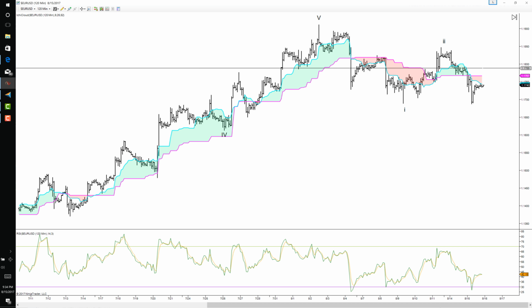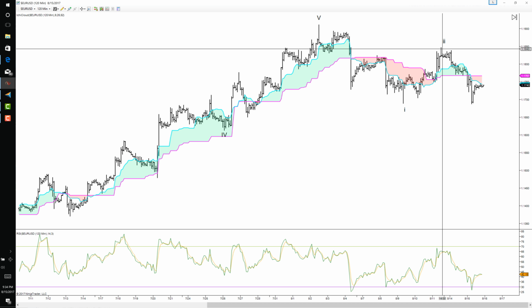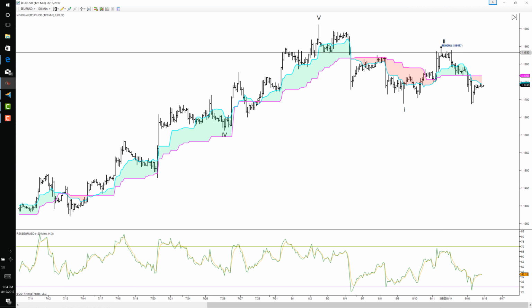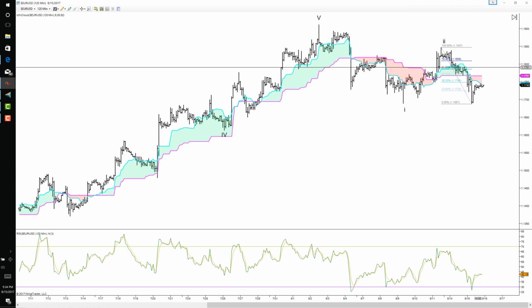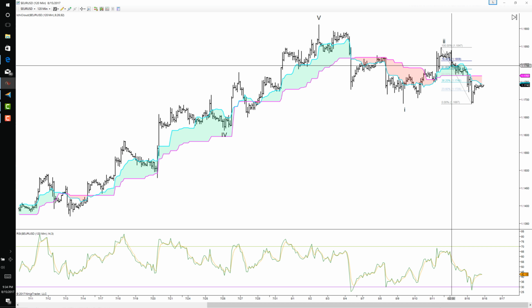current levels, it will go to around 1800, and it'll find its resistance in this area, which has to be around 0.618 here. So let's do that and see where it is. Boom. So it's just above 0.618, but it's below 78.6.